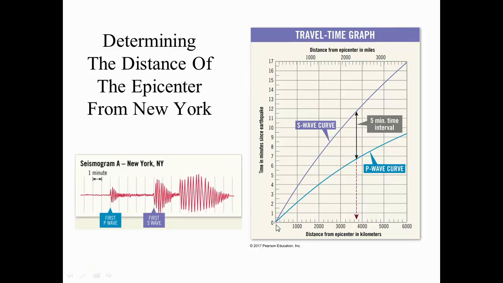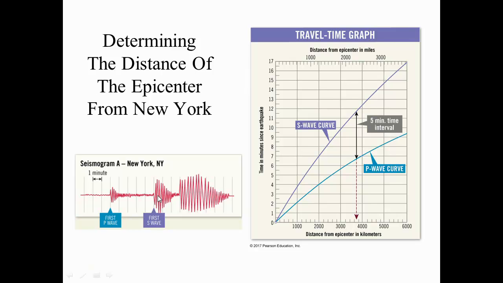At the epicenter itself, these two curves converge, so if we had a seismograph station located directly on the epicenter, the S wave and the P wave would be recorded simultaneously. There's no separation interval. But as you move further away from the epicenter, notice that the time interval between these two curves becomes greater and greater the further we go.